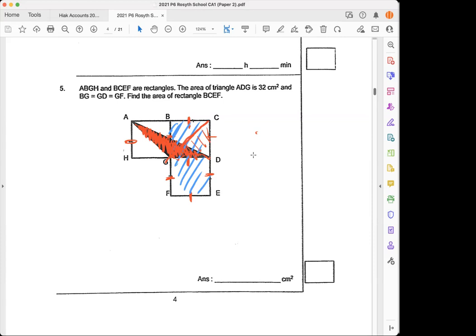Because they share the same base and they also have the same height. The height of ADG is this. The height of this triangle is also this. CD and AH are equal. So in other words, 32 is half of a square. There are 2 squares here, so 32 multiplied by 4. That'll be the answer.